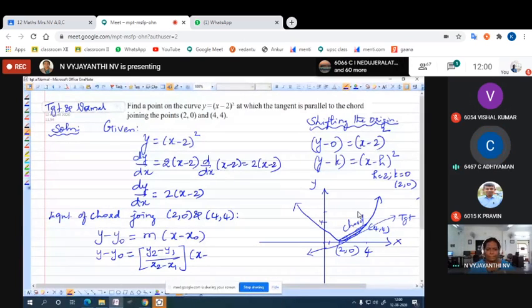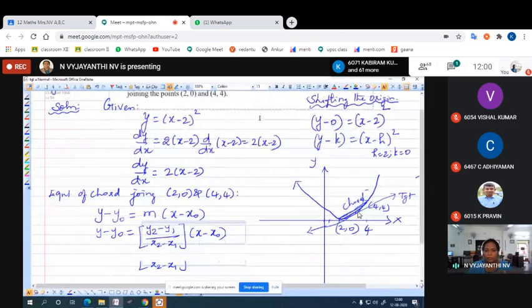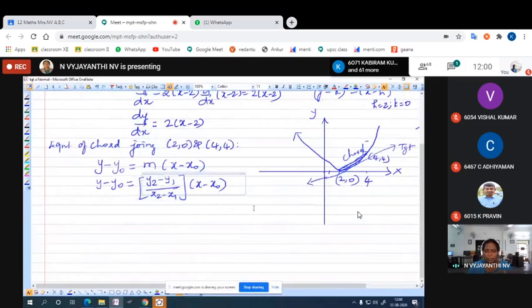Ma'am, only slope is required. Is only slope okay? We can consider the slope alone, or we can consider the equation. What shall we take? The tangent is parallel to the chord joining these points, so we can consider the slope alone, isn't it?